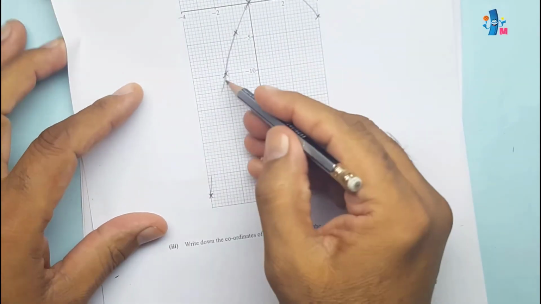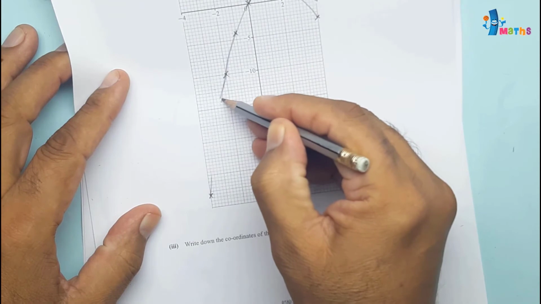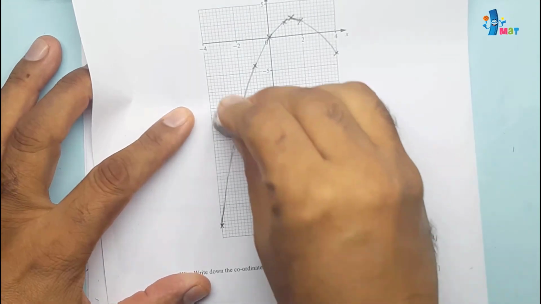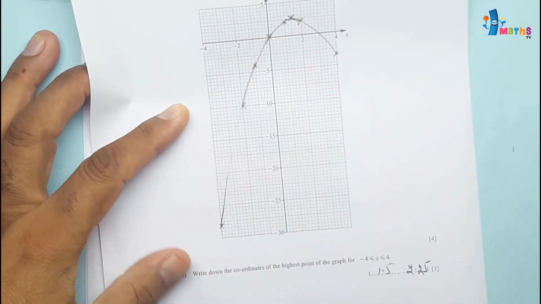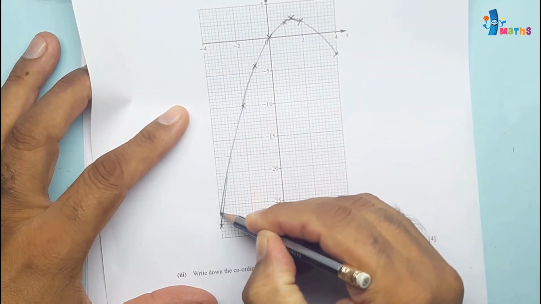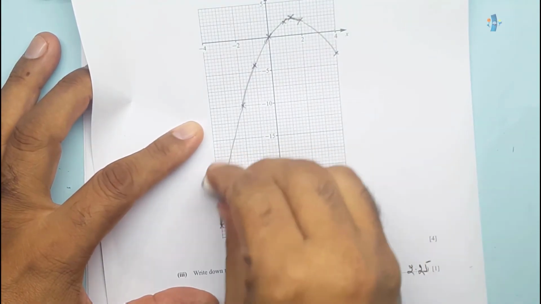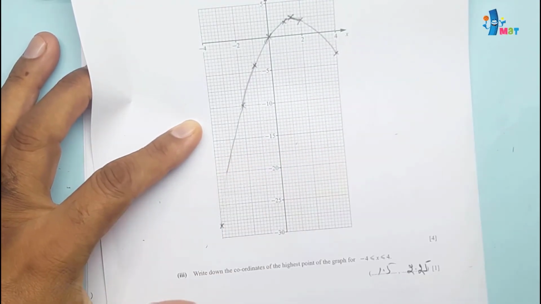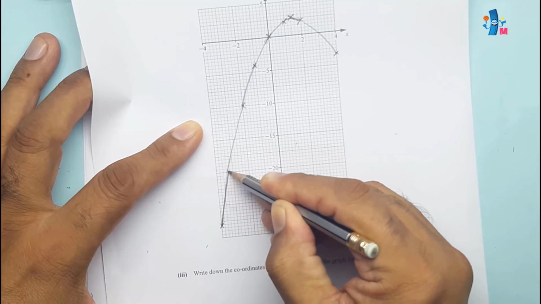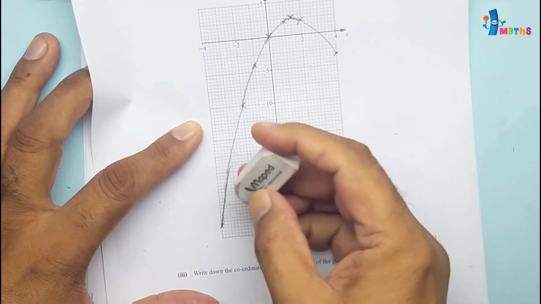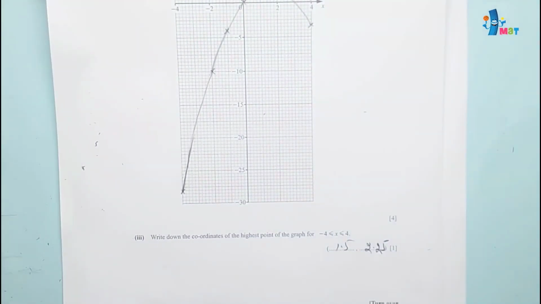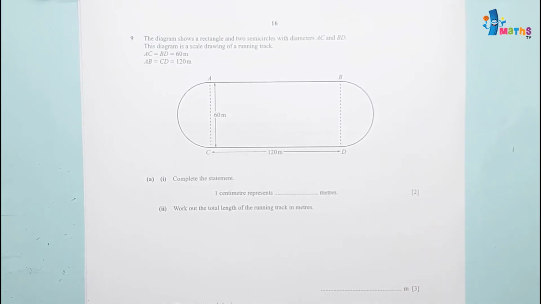We'll reduce the curve like this one. Now this one is done, this is smoother. So this is done.